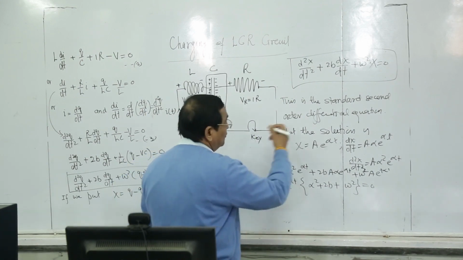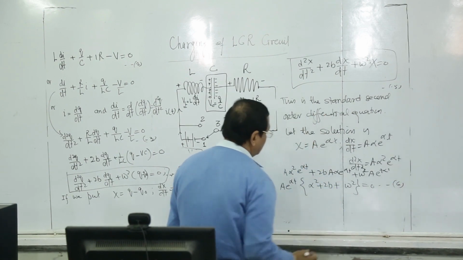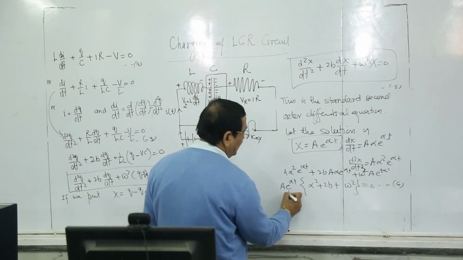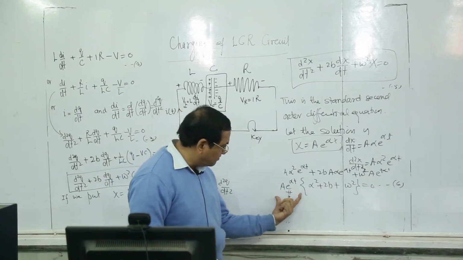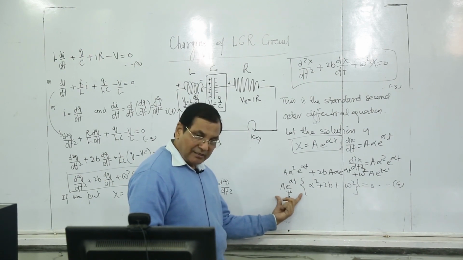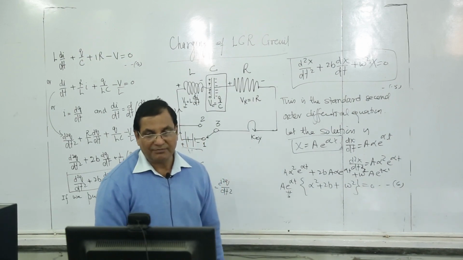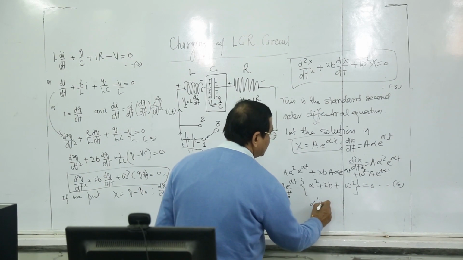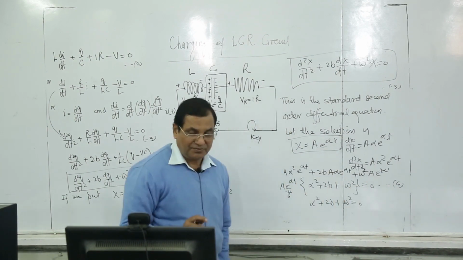Since we assumed x is a e raised to the power alpha t, which is not equal to 0, with this bracket equal to 0, one of the factors must be 0. So alpha square plus 2b alpha plus omega square is equal to 0.